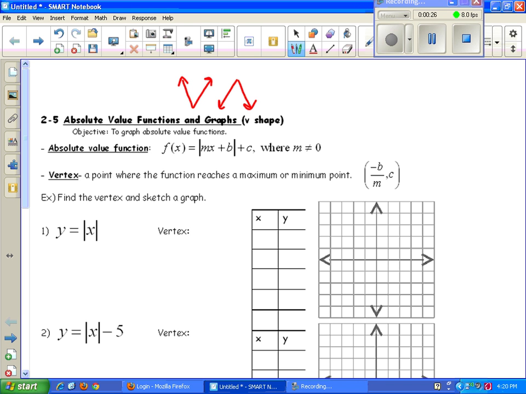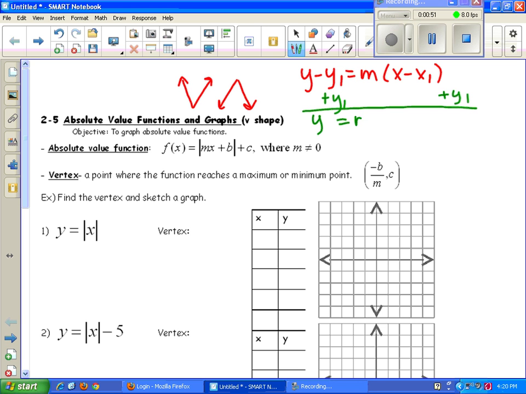So let's go back to some things that we've already learned this year. We've talked about point slope form. Remember, point slope form is y minus y1 equals your slope m times x minus x1. If I add this y1 to the other side and solve, I get y equals m times x minus x1, plus y1.